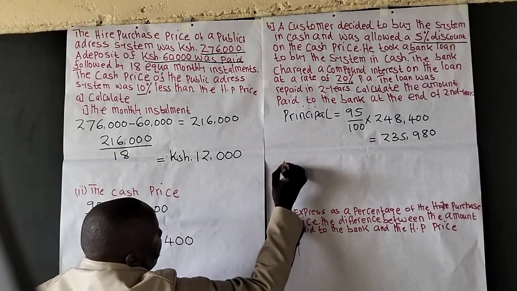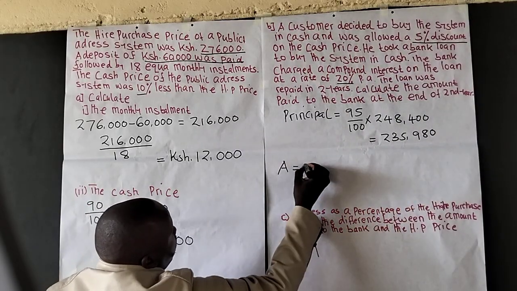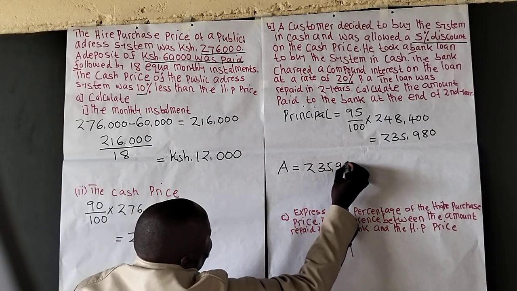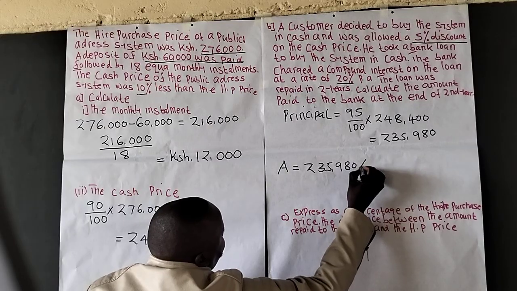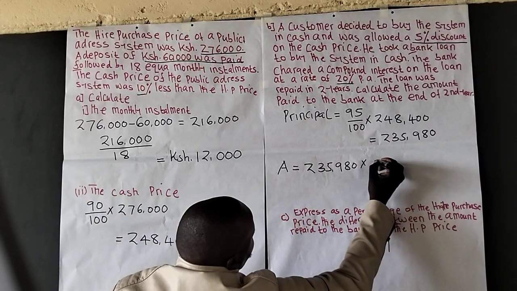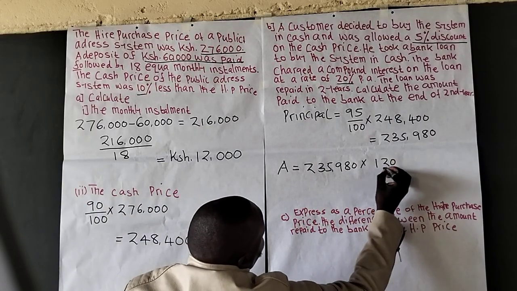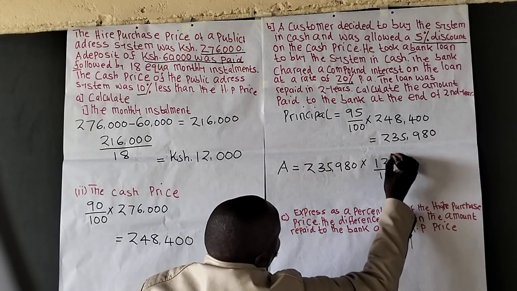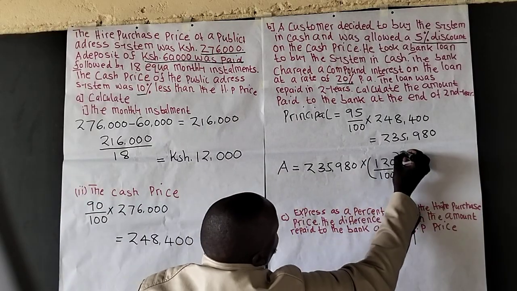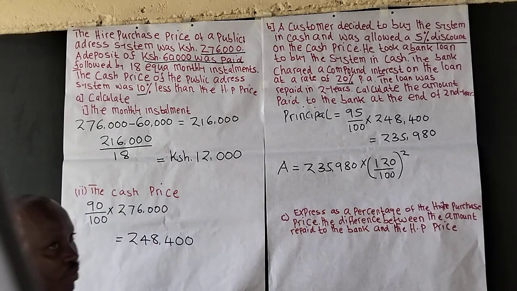So the amount paid is equal to the principal, which is 235,980, multiplied by the rate. We are speaking about a rate of 20% every year, so 100 plus 20 will be 120, so 120% over 100. Then the amount is paid in 2 years, so you raise that to the power of 2.